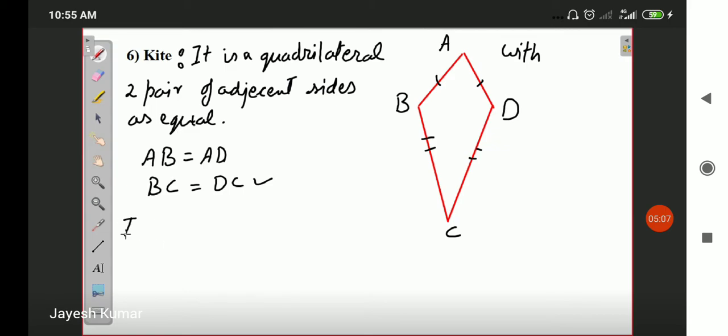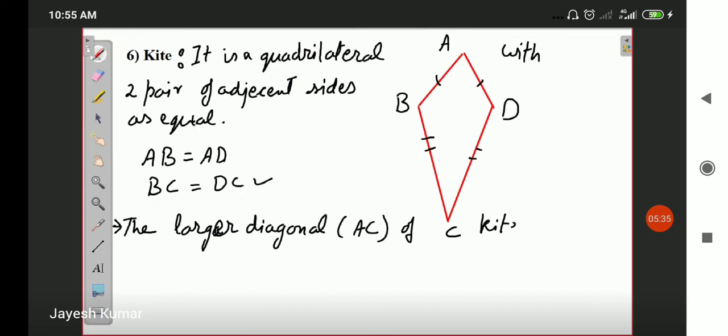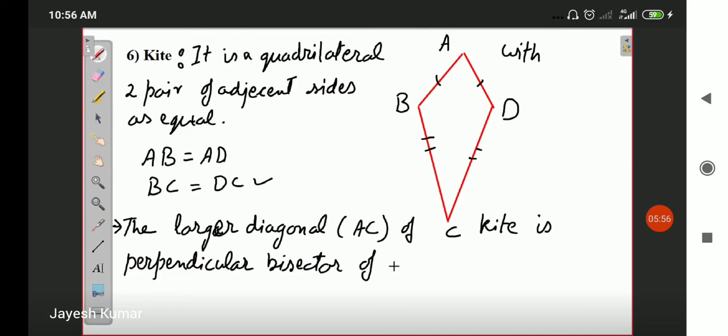There is one more property. The larger diagonal of the kite, which is AC, is the perpendicular bisector of the smaller diagonal.